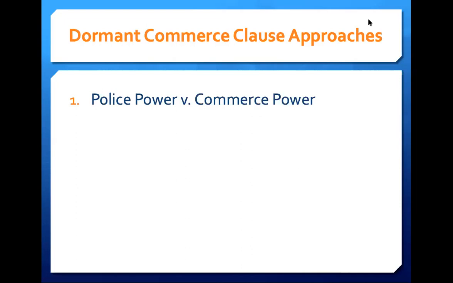Even Chief Justice Marshall acknowledged that some state police powers, like laws that are passed properly pursuant to their police powers, can actually have really significant effects on interstate commerce. These might be laws like inspection laws of goods and foods that are coming into the state, done properly for the state's interest in protecting the health and welfare of its citizens, but nonetheless having a significant effect on interstate commerce.